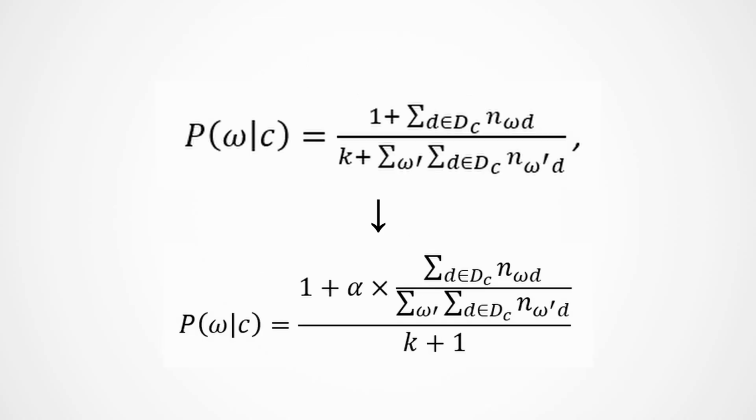Fortunately, it turns out that there is a simple remedy. We can normalize the word counts in each class so that the total size of classes is the same for both classes after normalization. To do this, we replace n omega d in this.